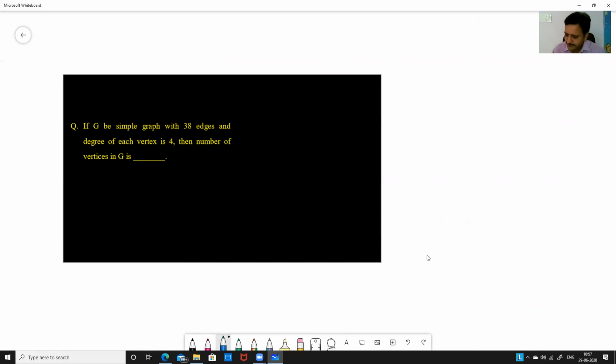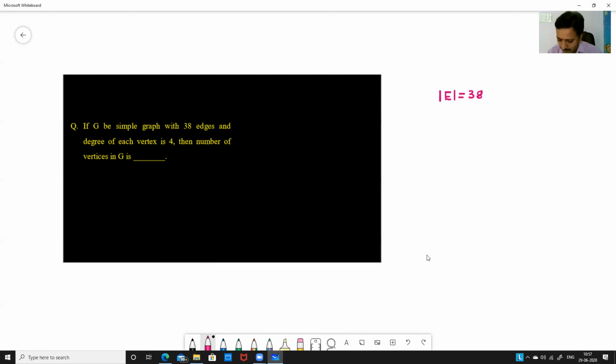So they clearly mention that the number of edges in the graph is 38. And the degree of each vertex is 4. If the degree of each vertex is 4, that means it is a k-regular graph. Sorry, a 4-regular graph, right?